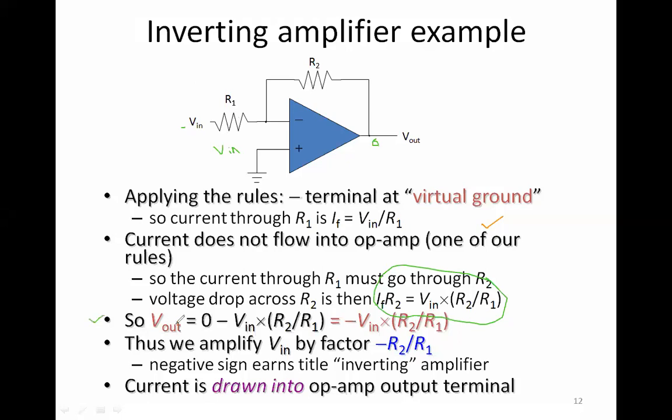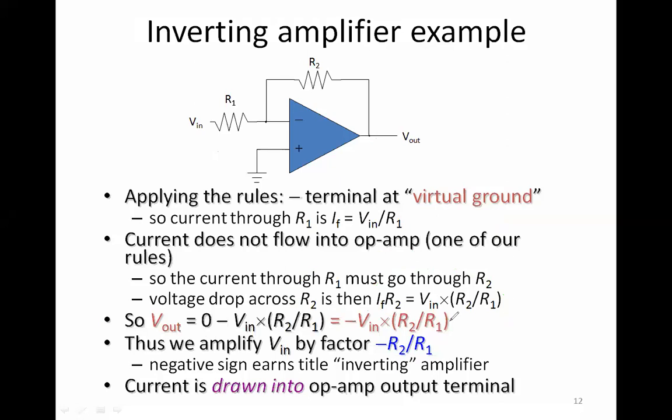So that's how I get this formula. At V out, it is 0 minus V in into R2 by R1. So 0 minus anything is just the value, right? Which means we are only left with minus V in into R2 by R1.